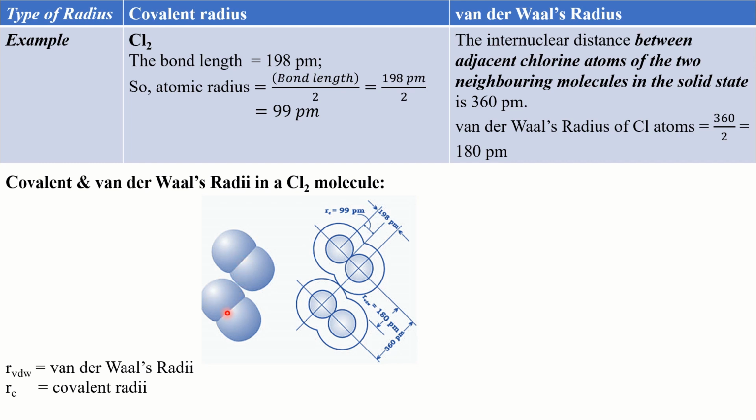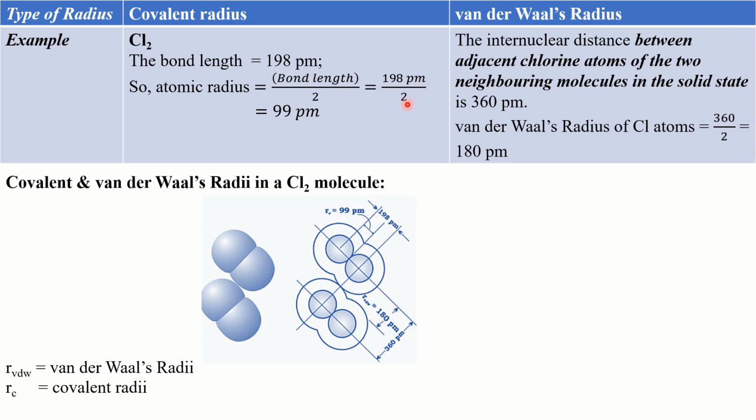Now, how do we calculate the covalent radius of a chlorine atom belonging to a chlorine molecule? It is half of the bond length of the chlorine molecule. What is the bond length of the chlorine molecule? It is the internuclear distance between the bonded atoms of the chlorine molecule. The bond length of a chlorine molecule is 198 picometers.